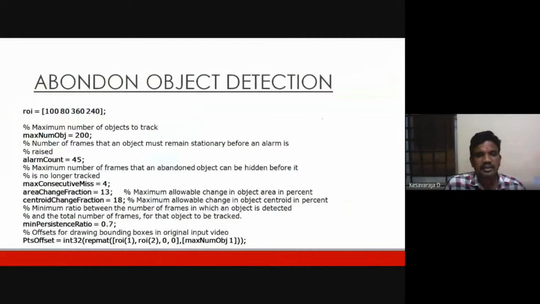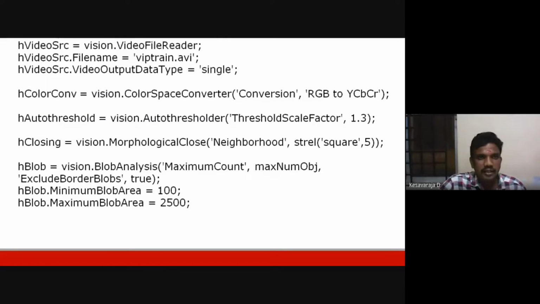So at last, my last program is for object detection, which is called abandoned object detection. Based on my algorithm, you define the variables in the MATLAB algorithm, that is ROI, maximum number of objects, and so on; you can define your own values. Similarly, with vision.VideoFileReader you can read the video.